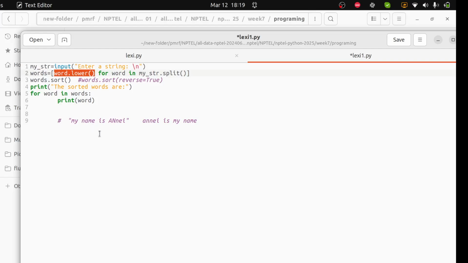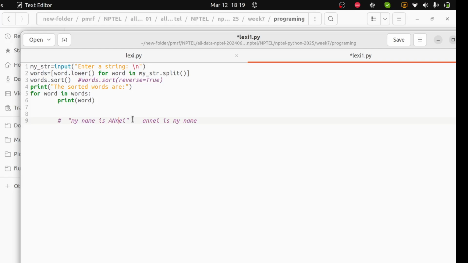Let's say I am having here my name is Annie. Now you can see here, if you see it a little bit carefully, then I have written here MYNAMEIS, all are in small letter, but A and N, these two are in a capital letter, and then again NEI, all are small letter. So now you can see there is a combination of small letter as well as capital letter.